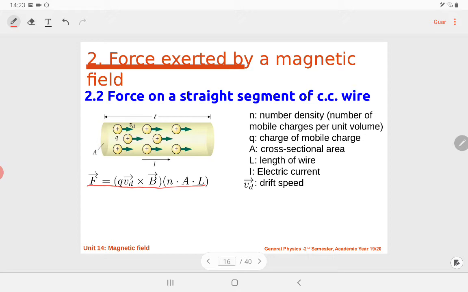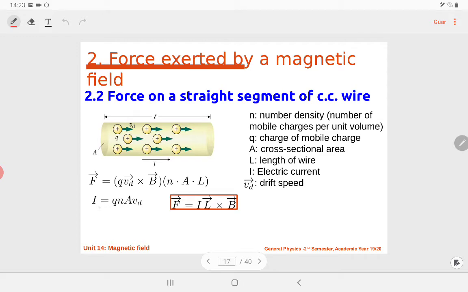And then you have to remember from Unit 13 the relationship of the electric current with the macroscopic parameters I've been talking about here.